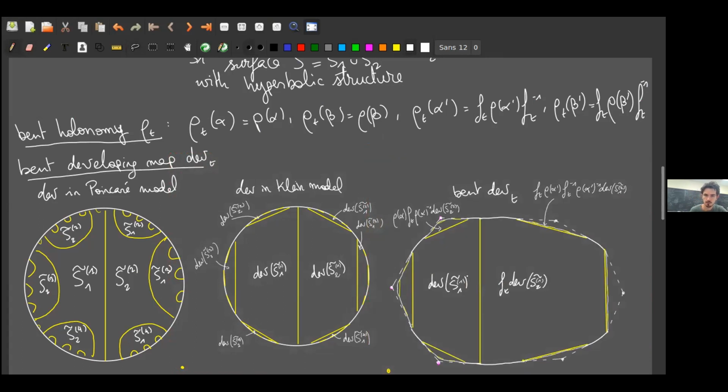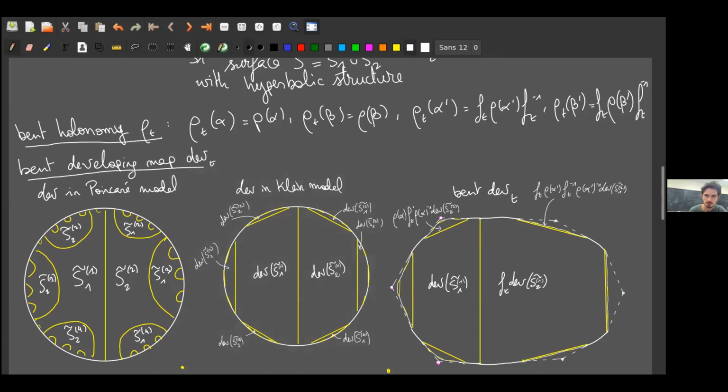So the S1 tilde remains unchanged. And then all the other copies of the universal covers of S1 and S2 get stretched or compressed. For example, the first copy of S2 tilde gets stretched by Ft here.